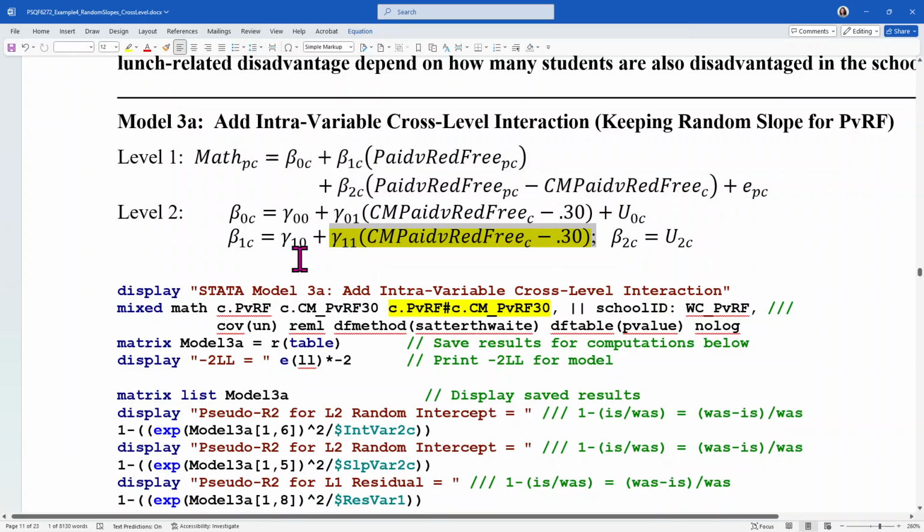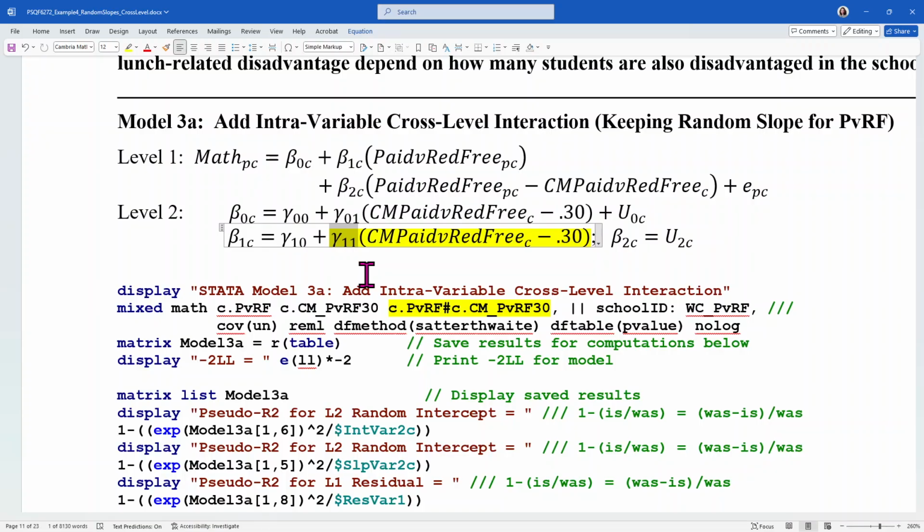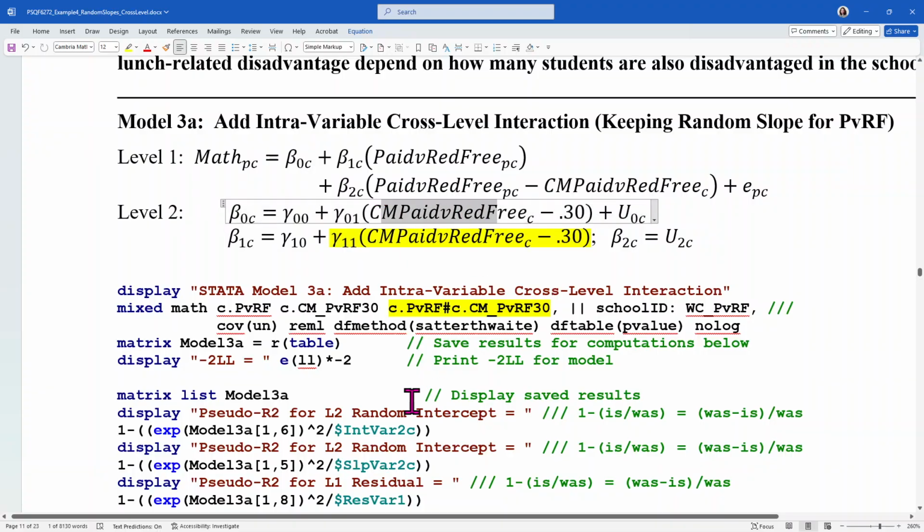So in the same way that we started with this, and it didn't get unsmushed until we added in the cluster mean main effect, we're starting with this cross-level interaction, and it needs to get unsmushed by building the interaction at level 2 as well. And that's where we get into the quadratic, because this is my moderator times itself.